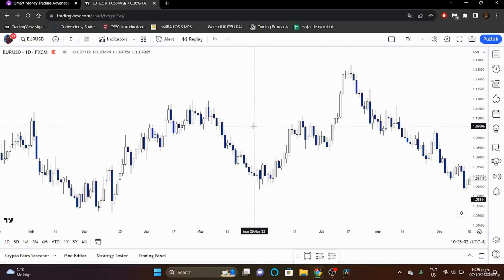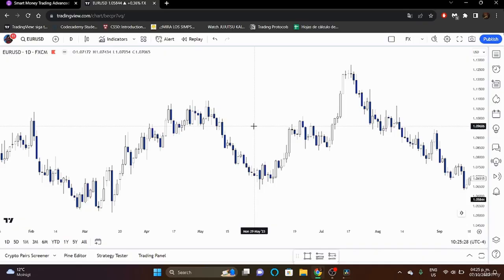Okay. If we're saying that the institutions buy whenever it's going down and they sell whenever it's going up, we're thinking that if they want to add more into these positions, they're going to be adding at the same price once it returns to this place, because they don't want their positions to be at a loss.